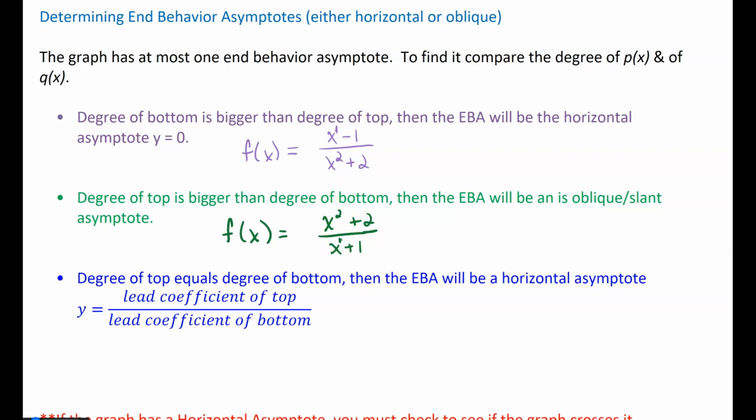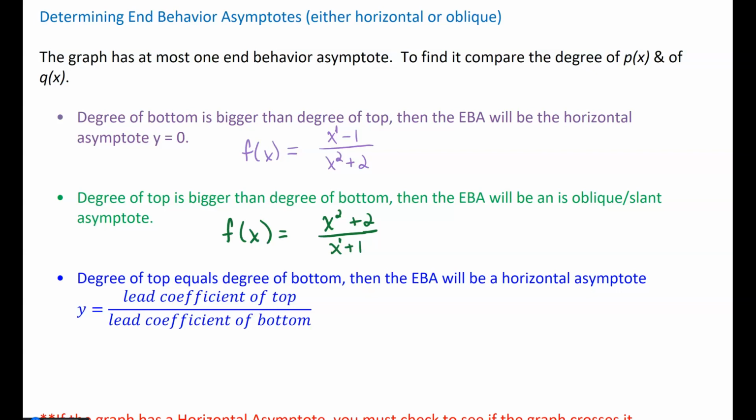And so for these, we get an oblique or slant asymptote, but not a horizontal.